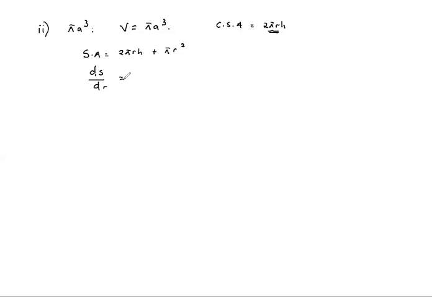So what are we getting? You get 2 pi h plus 2 pi r. From there, you get the critical points. So you set your derivative to 0, which implies that 2 pi h plus 2 pi r is equal to 0.